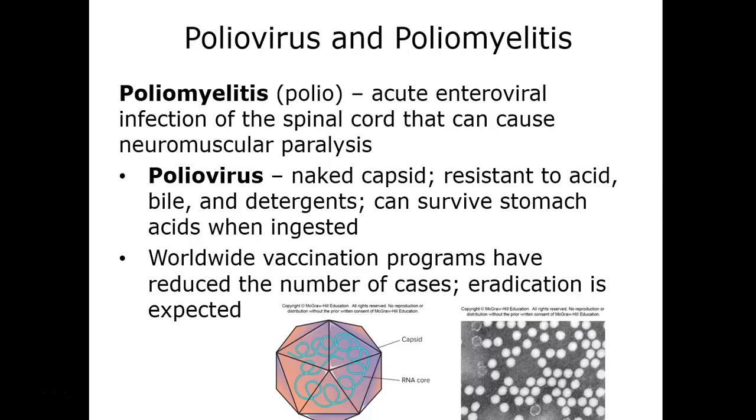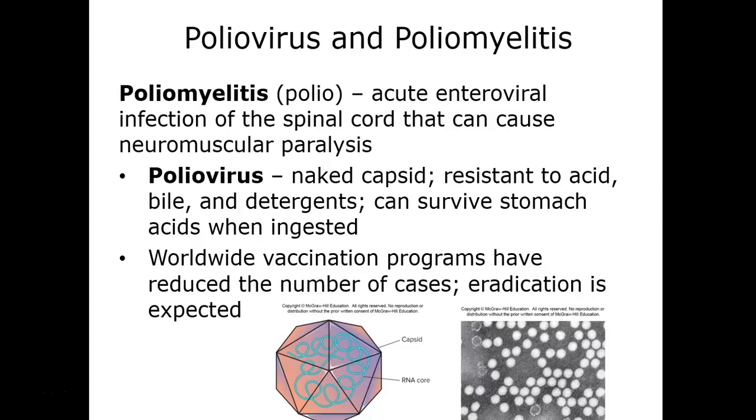And it is acquired through oral entry, usually through fecally contaminated water. These picornaviruses fall into this enterovirus group. So the poliovirus is a naked capsid, meaning it does not have an envelope. But it's also resistant to acid, bile, and detergents, which means it can survive passage through the stomach. As we mentioned, this is orally ingested through fecally contaminated water.